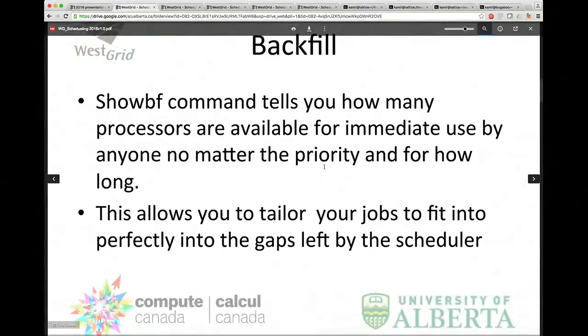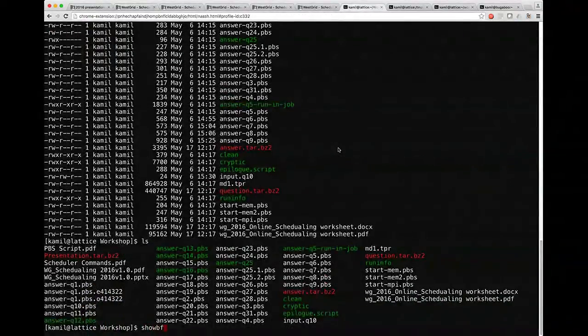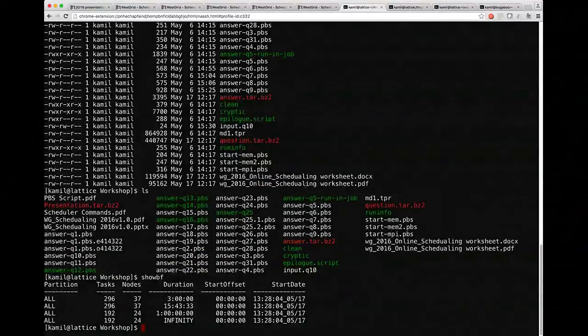Another thing, backfill. There is a command called showbf, and it tells you how many processes are available for immediate use by anybody, no matter what the priority, and for how long this is available. This allows you to tailor your jobs to fit perfectly into the gaps left behind by the scheduler. So if you run showbf, you can actually see how many cores are available for how long.